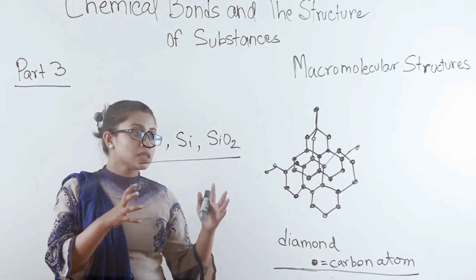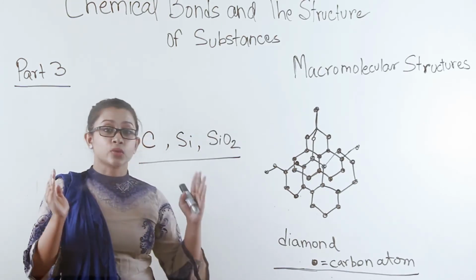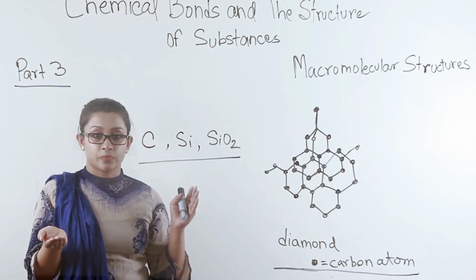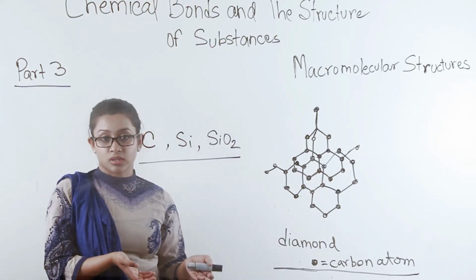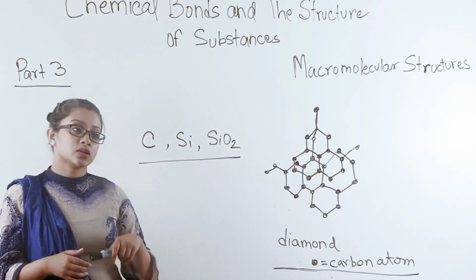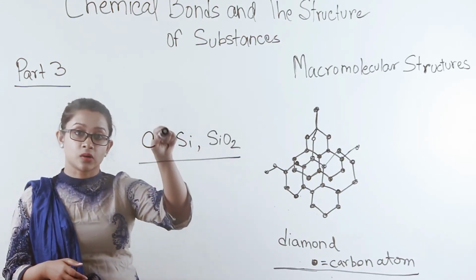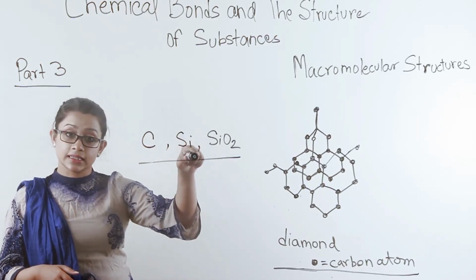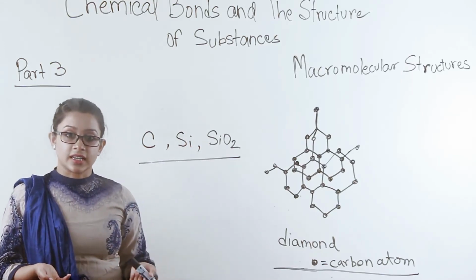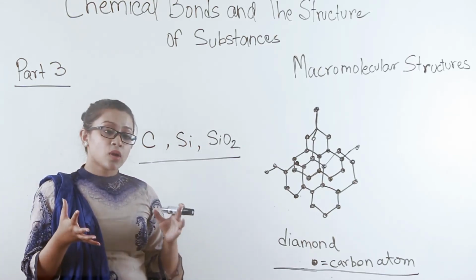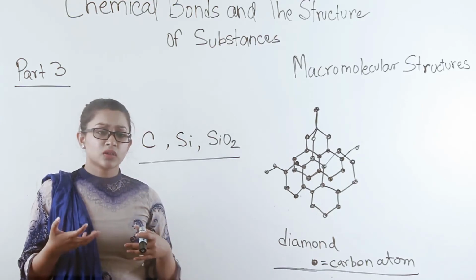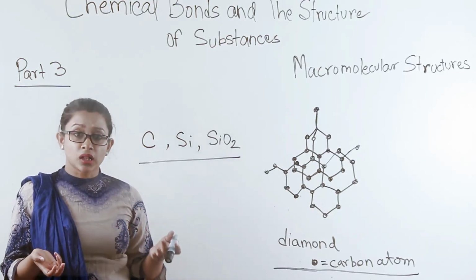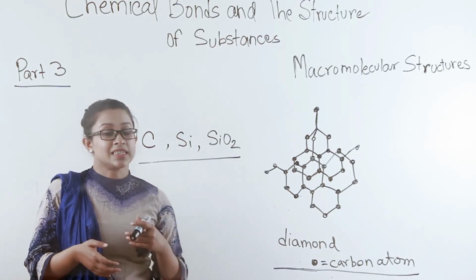And all the atoms make up this one big molecule, forming their structure. Examples of macromolecules are diamond, carbon atoms forming diamond, silicon and silicon dioxide for this context. And examples of other macromolecules are, for example, polymers, but we are not going to discuss it in this chapter.